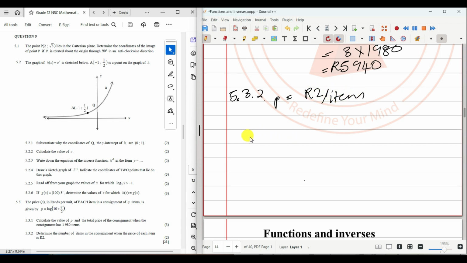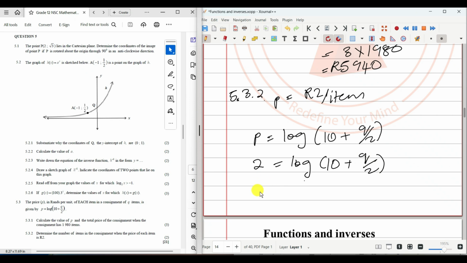This is P. So remember, you said P equals log of 10 plus Q over 2. Right? So this is 2 equals log of 10 plus Q over 2. Now to anti-log, because the base is 10, this becomes 10 to the 2 equals 10 plus Q over 2.